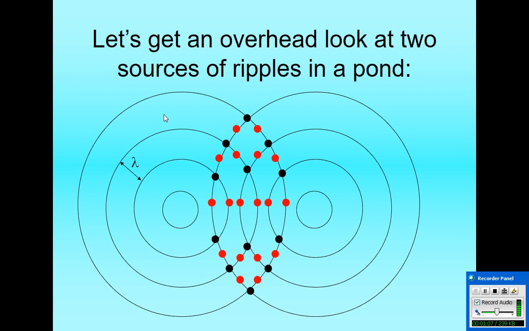The black circles and the red circles represent special locations. You'll notice that the black circles occur where the peak of one wave intersects the peak of the other wave, whereas the red circles occur when the peak of one wave intersects a valley of the other wave, where the high point of one is at the low point of the other.